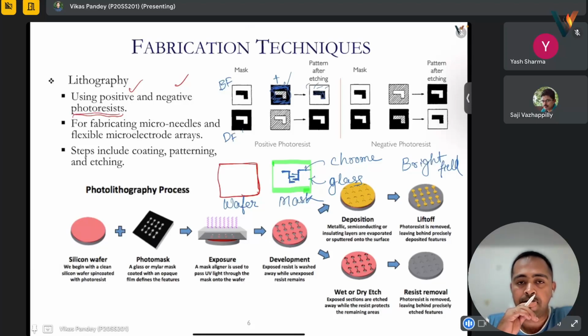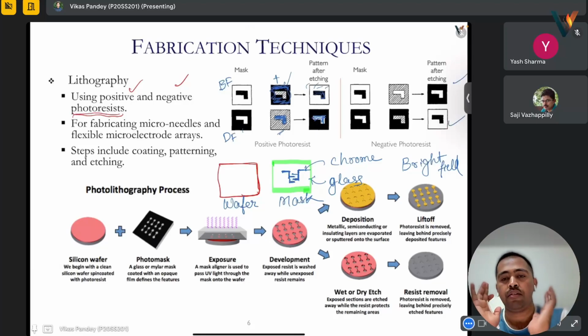Opposite in case of dark field with the same photoresist, since this area is getting exposed here, this area gets removed. Same type of mask, but opposite type of photoresist, that will give us the opposite patterns. Fine.